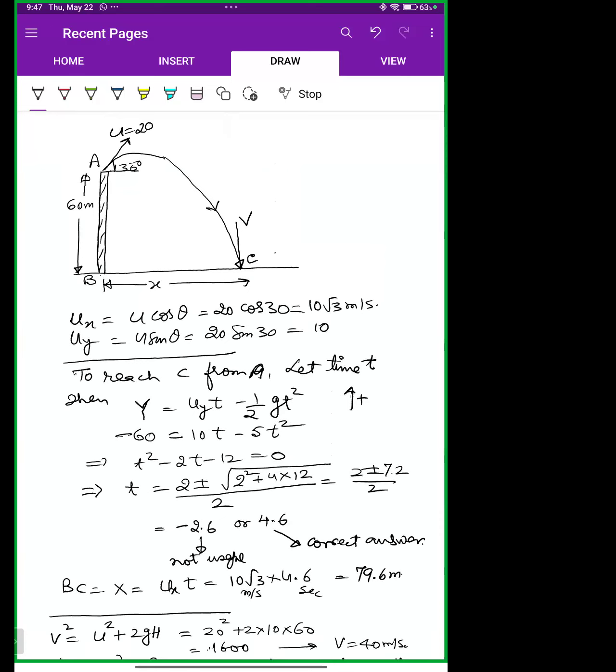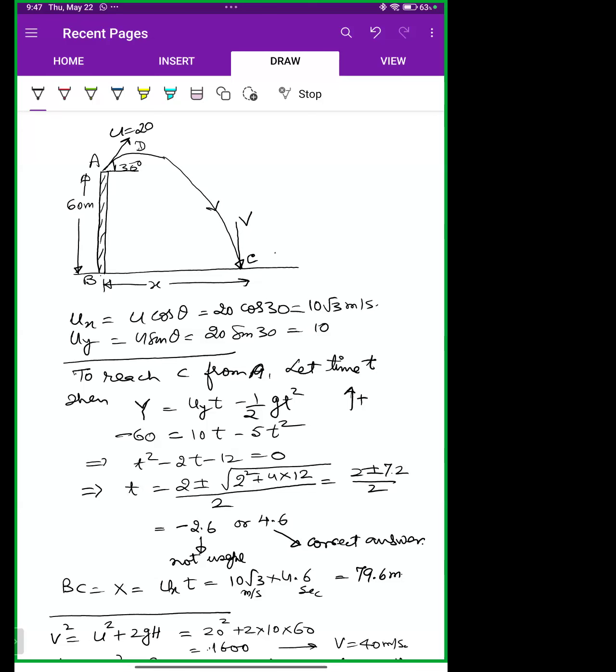When it is going up from A to another point D, speed will decrease. From D to C, speed will increase. So ultimately speed is going to increase.